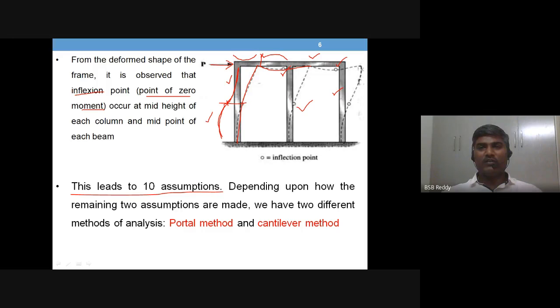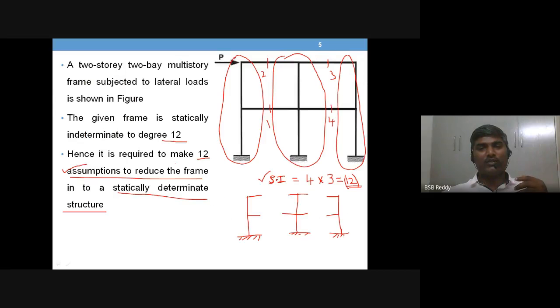Say, for example, the previous example, the two-story two-bay frame. The number of members here are 1, 2, 3, 1, 2, 3, so a total of 6 columns available, and then 1, 2, 3, 4 beams available. So the total number of members is 10.